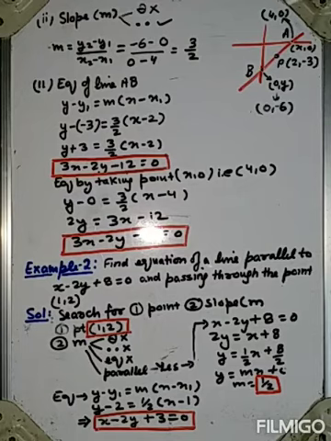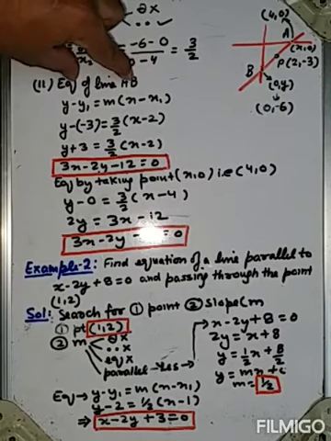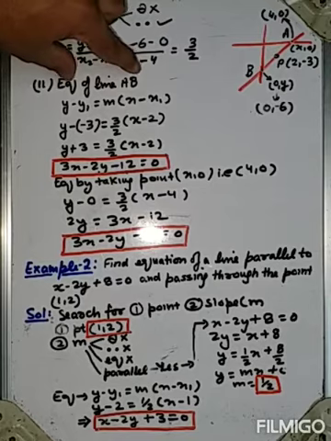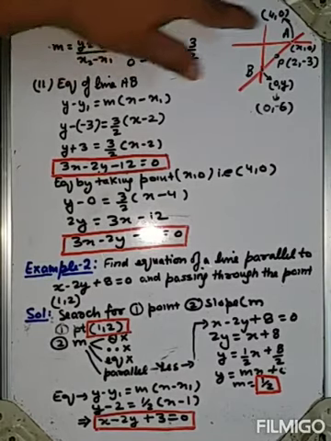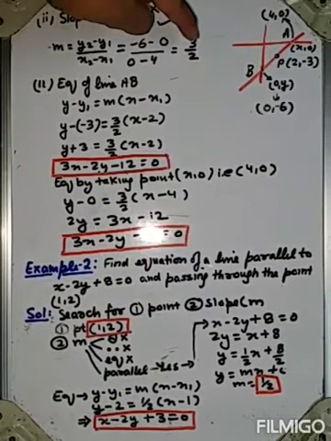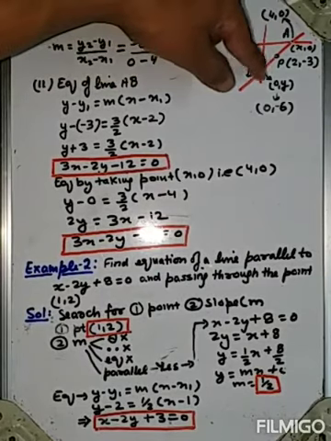Now the second part, the most important, the equation of line AB. To find the equation of line AB, we require two things. First is a point, we already have 3 points, and second is the slope. Slope we have taken out. Any of the 3 points you can take.